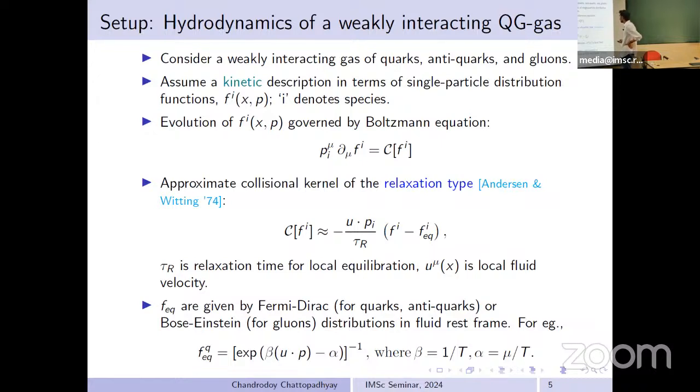This is a widely used but very simple approximation, which says that the effect of the interaction between constituents is to drive them towards a state of local thermodynamic equilibrium. This F equilibrium is a local thermodynamic equilibrium given by Fermi-Dirac distributions for quarks and antiquarks, or Bose-Einstein for gluons. This is the setup for kinetic theory.